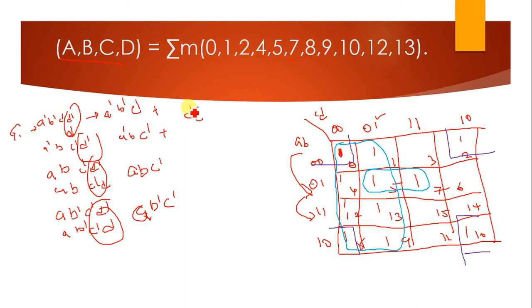When you take the common, which is A dash B dash plus A dash B plus AB plus AB dash, further when you solve it you will get unity. So C dash is the final output.